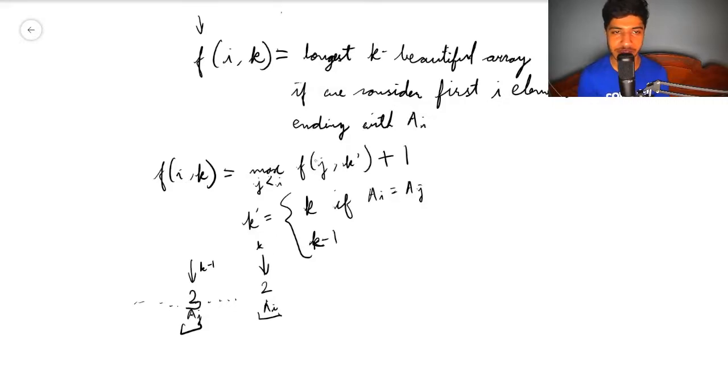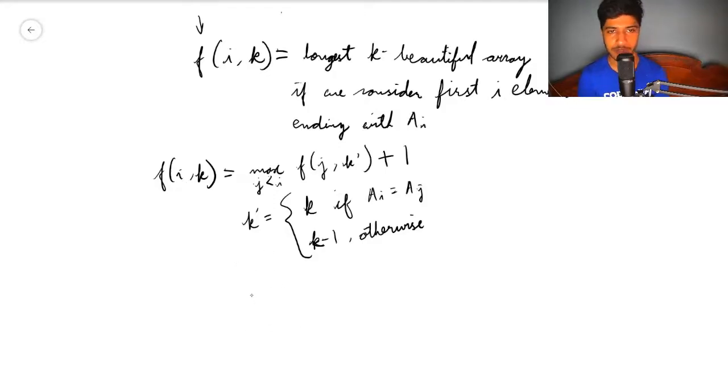So that is why we have this k', which means k if a_i is equal to a_j, or k minus 1 otherwise. Okay, I hope this is understandable. You can pause here and take some time to understand what this means. I've already explained, and you can go back and see the video as well.